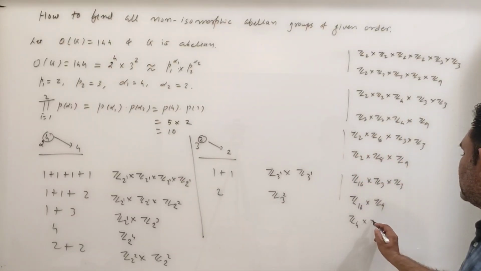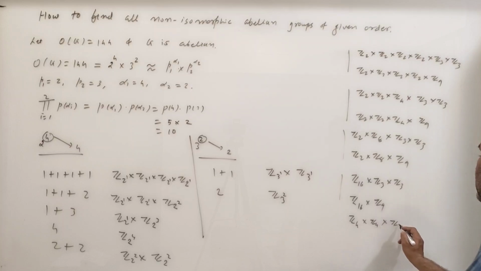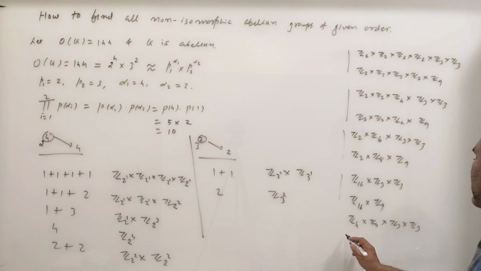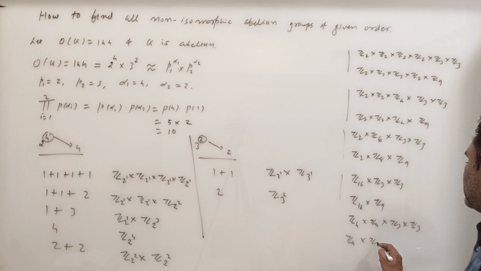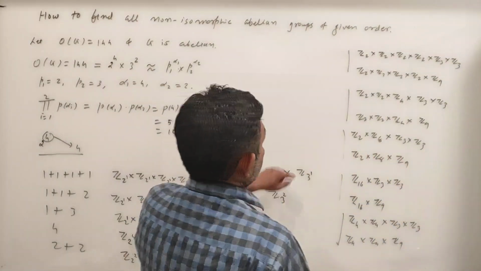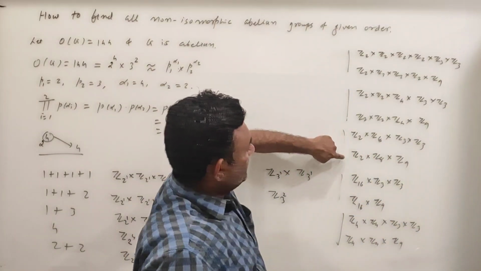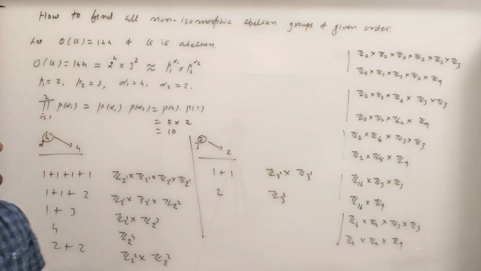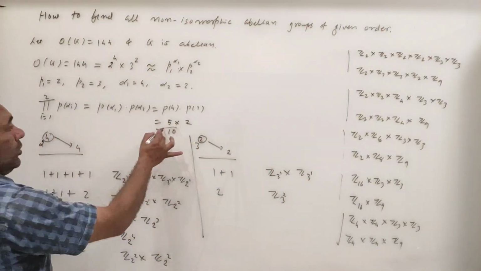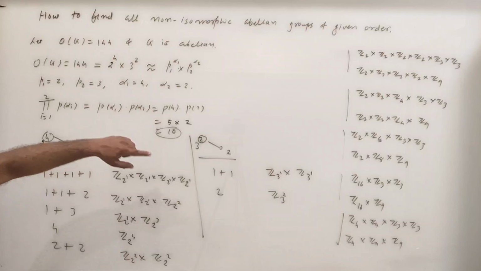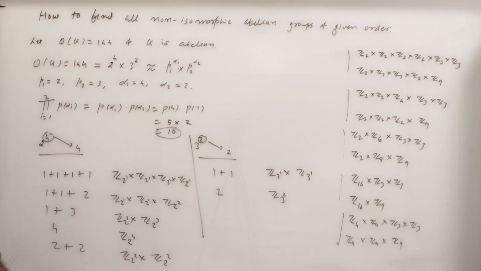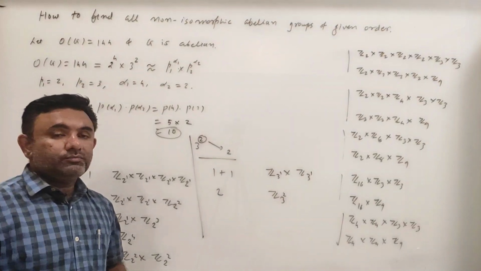So Z4 cross Z4 cross Z3 cross Z3, and this is Z4 cross Z4 cross Z9. So these two. So 1, 2, 3, 4, 5, 6, 7, 8, 9, 10. So there are 10 non-isomorphic groups of order 144 and they are abelian.